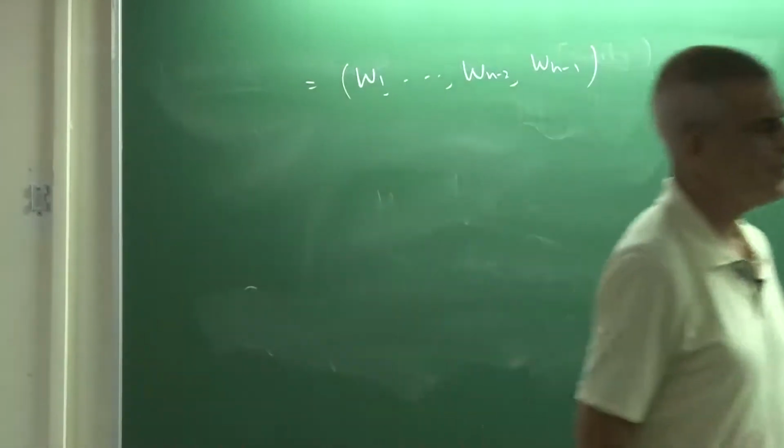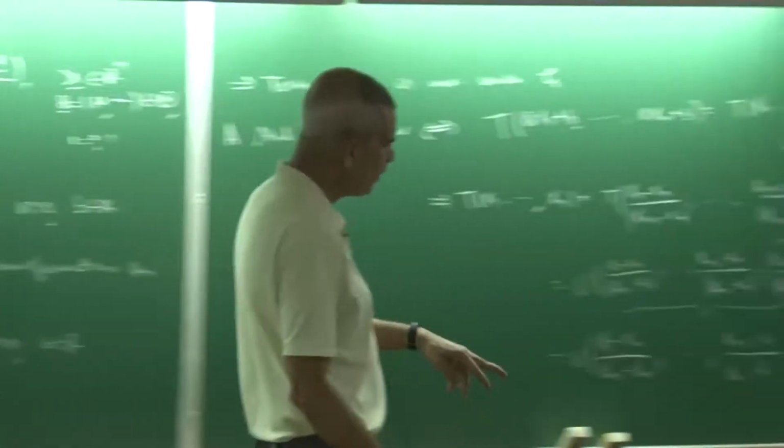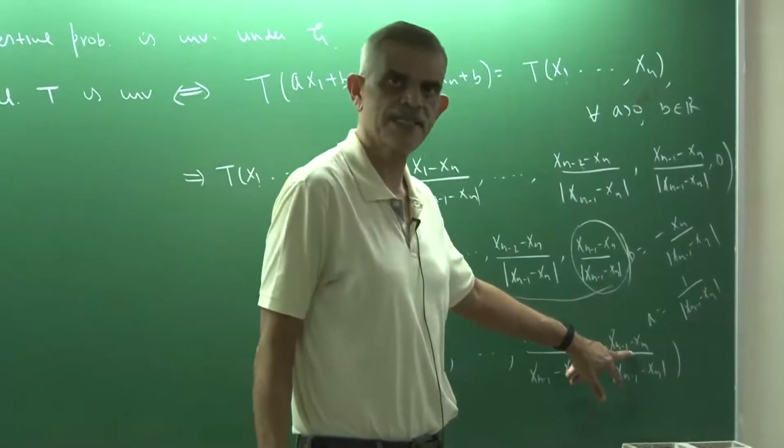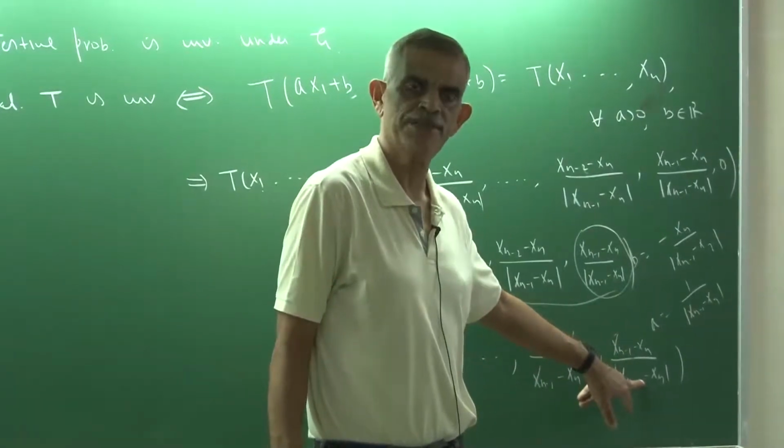Now the only thing you note over here is that wn minus 1 is xn minus 1 minus xn divided by mod of xn minus 1 minus xn.